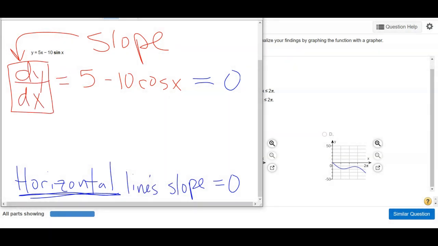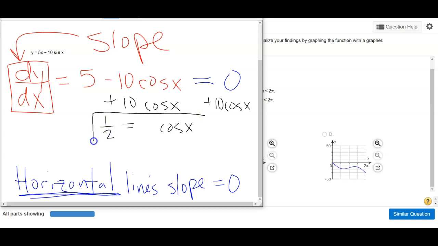If I add 10 cosine x to both sides, I end up with 5 equals 10 cosine x. If I divide both sides by 10, I end up with 5/10, or 1/2, equal to cosine x.